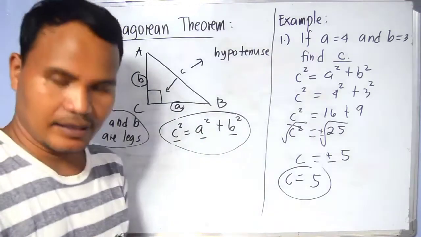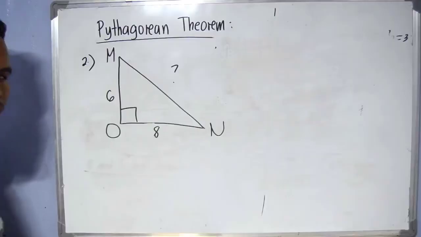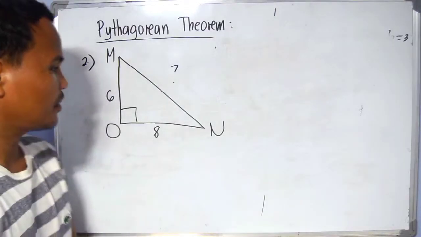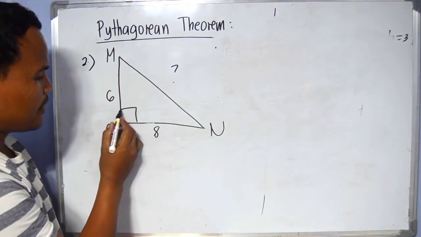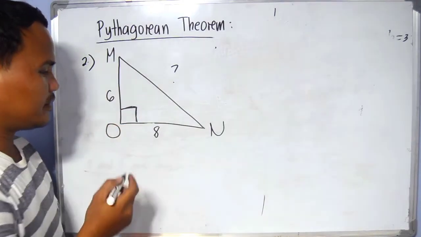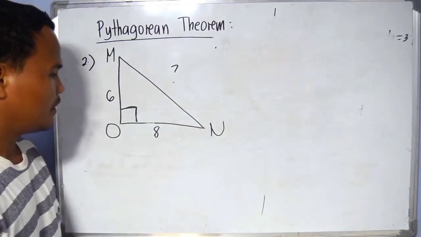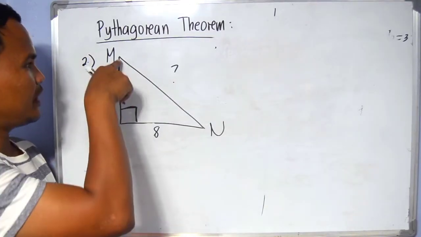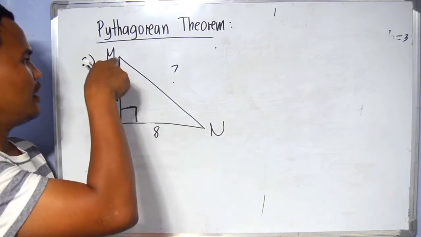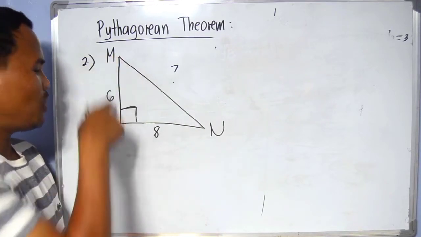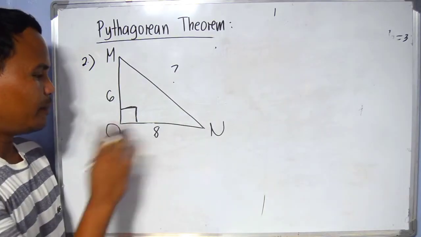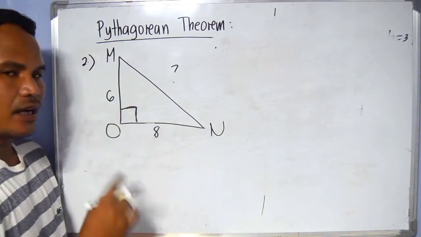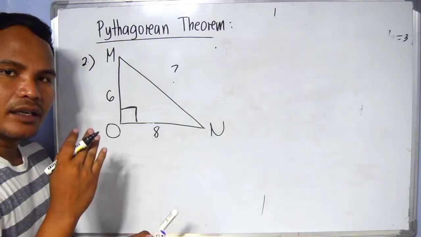Let us have another example. Another problem, this figure. This symbol symbolizes a right angle. This is perpendicular, meaning segment MO and segment NO are perpendicular. If they are perpendicular, they create a right angle.